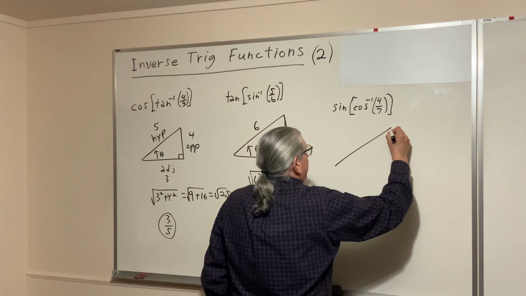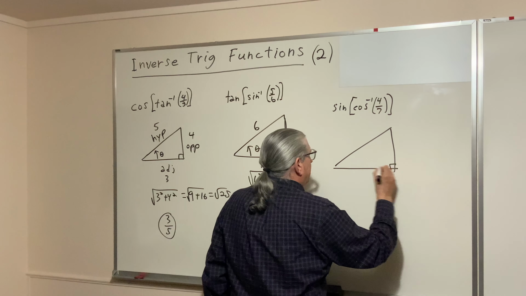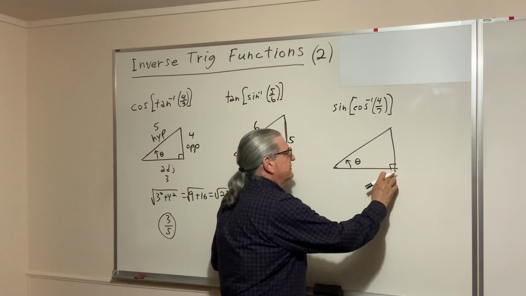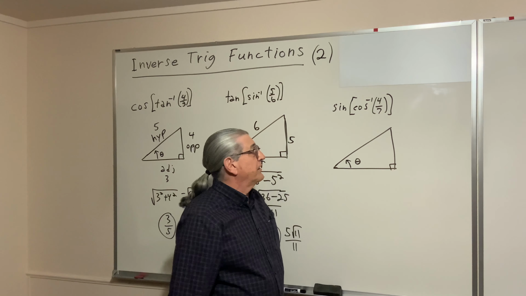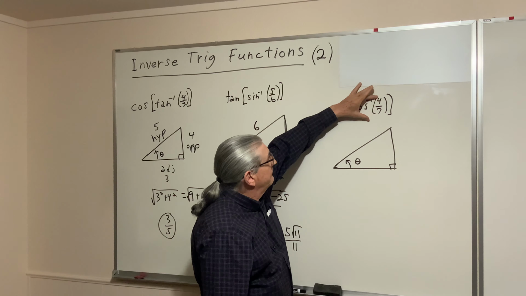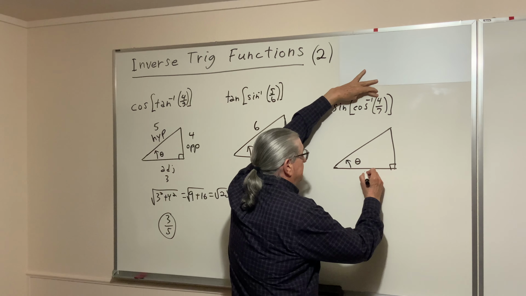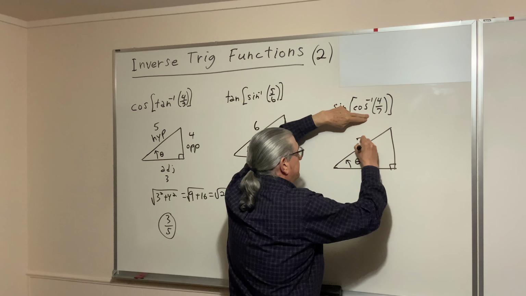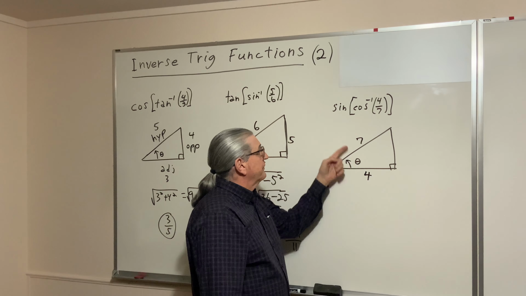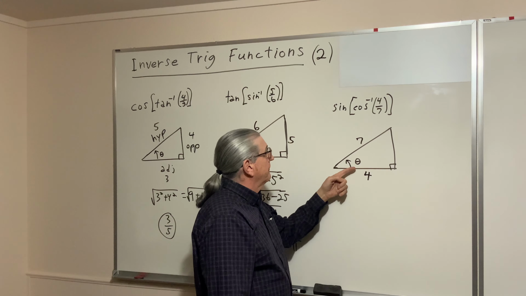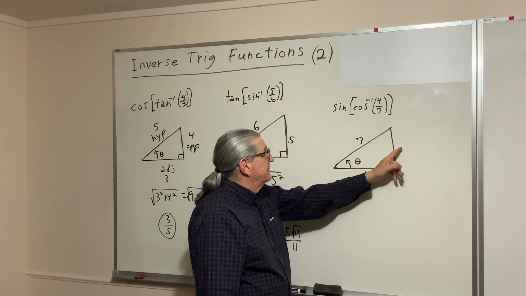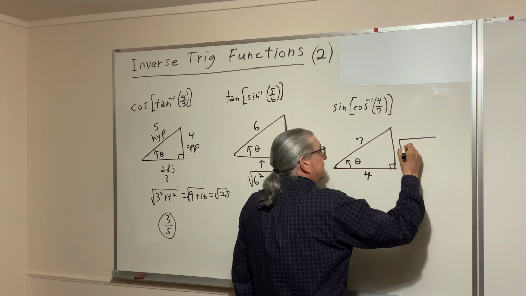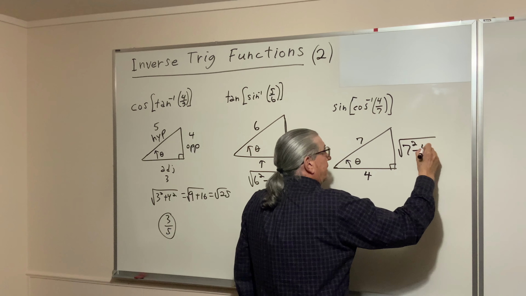Again, I don't care how accurate my triangle is, because my triangle is just so I can get the concept of what I'm doing. The cosine is the adjacent to the angle over the hypotenuse. So there's my cosine of theta. So now I just need this other side, and since this is one of the shorter sides, it's 7 squared minus 4 squared.